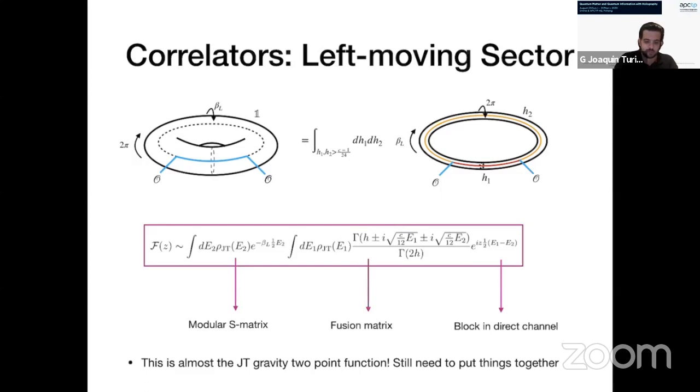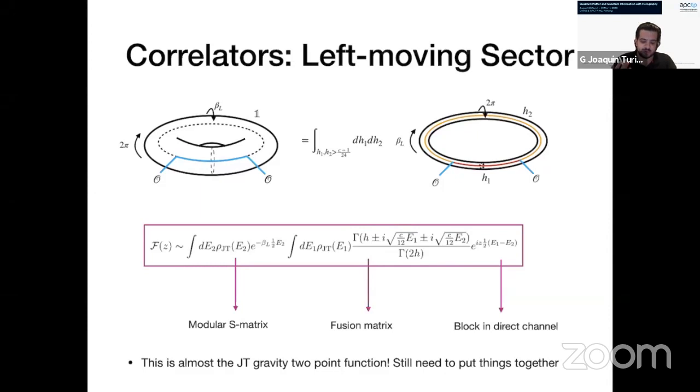And when you get to this point, you will see that you have an integral over things that look like energies with a JT density. So this gives you a JT density of states for the same reasons that I explained before for the partition function. This is a thermal Boltzmann factor. And if you remember from yesterday, this term that comes from the fusion matrix is precisely the 2-point function derived from the Schwarzschild theory.